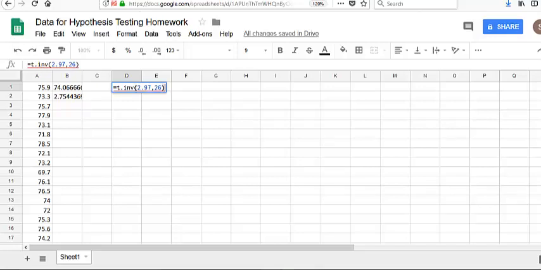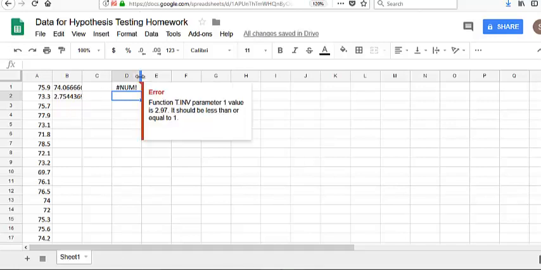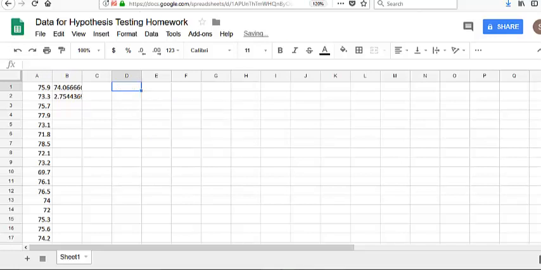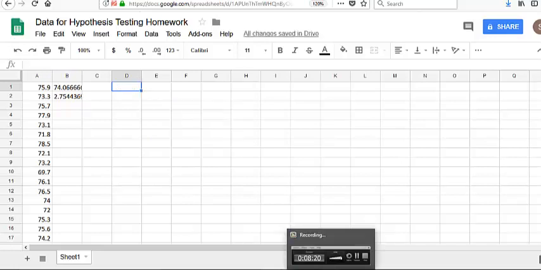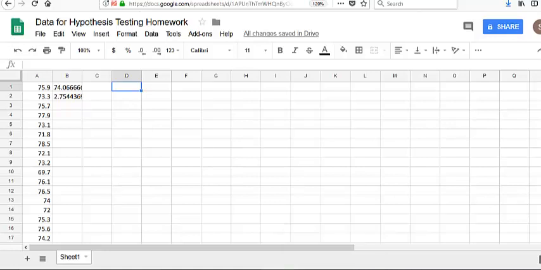So I'm going to just try that and see what happens. Oh, didn't like that. Parameter 1 is 2.97. It should be less than or equal to 1. Apparently that's not the right function. So I'm going to pause. I know what it is in Excel, but I think it was like tdisp. I'm going to find out what it is in Google Sheets.